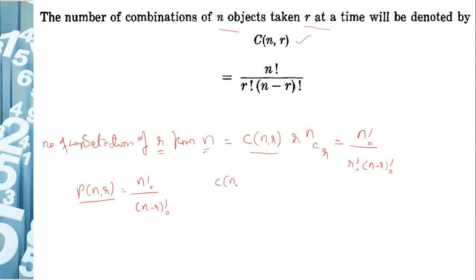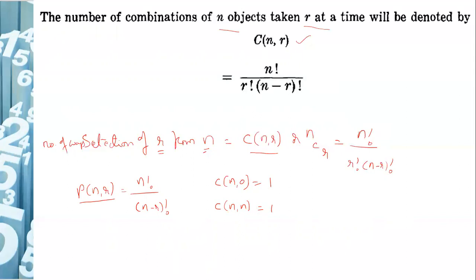Compared to permutations, combinations are more important in probability, so we'll use more examples based on combinations. C of n comma 0 is 1, so for calculation purposes it is easy to remember. C of n comma n, like C of 4 comma 4, C of 5 comma 5, is also 1. Suppose we have 4 students and you have to select 0 students from 4.